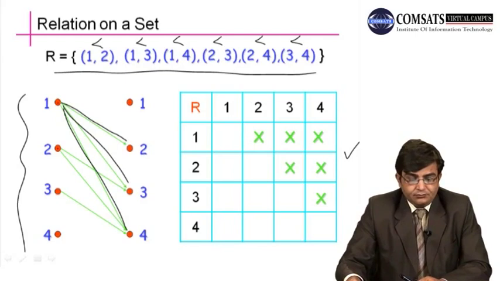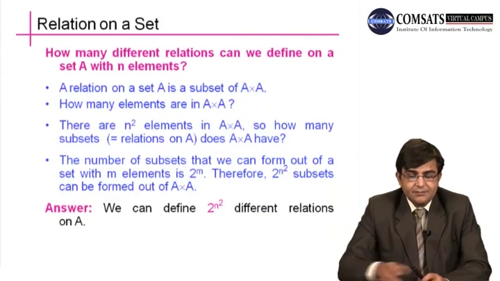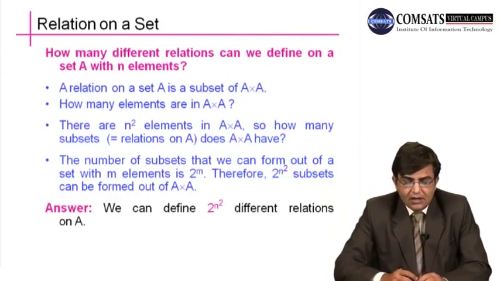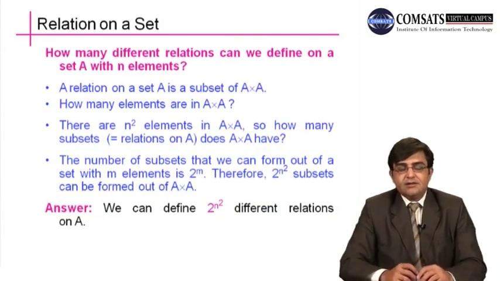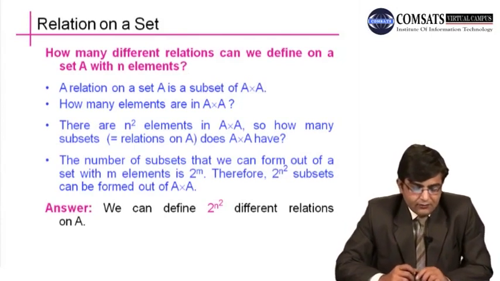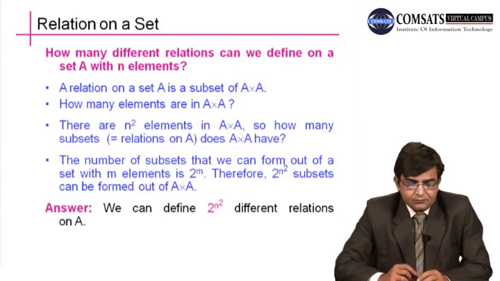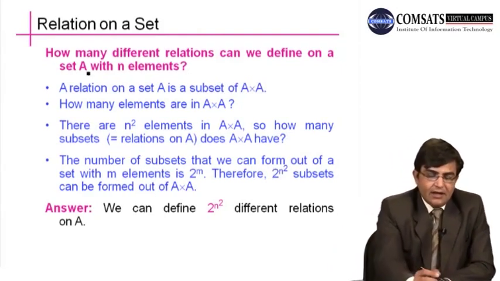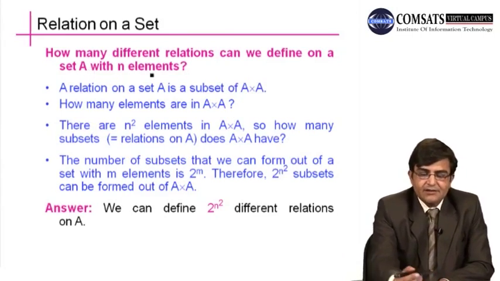So next is basically how many different relations can we define on a set A with n elements. Now this is a question, that how can we know how many different relations we can define on a set A with n elements, where A is the set with n elements.